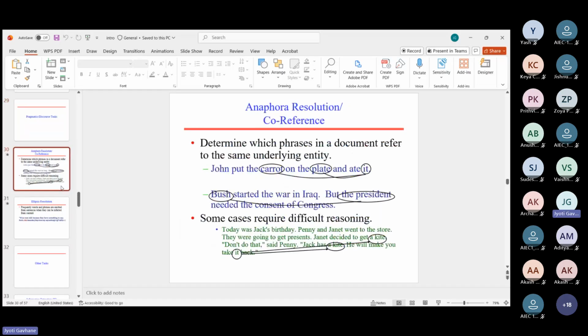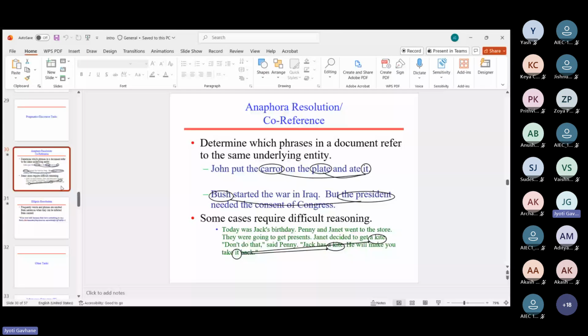Now see, determine, that is called anaphora resolution and co-reference. The meaning is same. Co-reference में ही everything has been understood that किसके साथ हम refer कर रहे हैं. That is called co-reference, right?